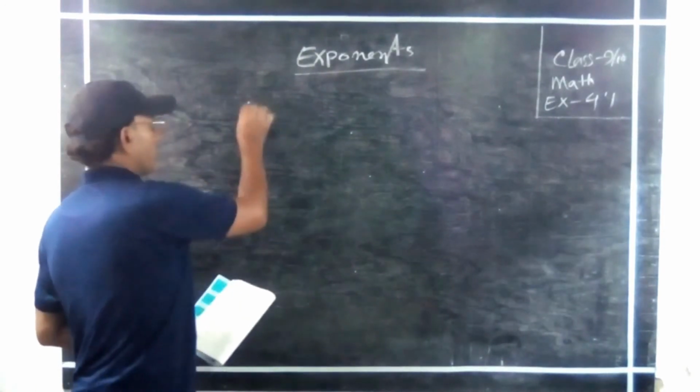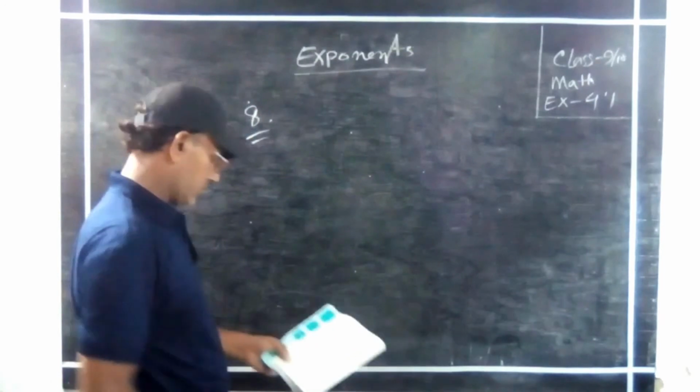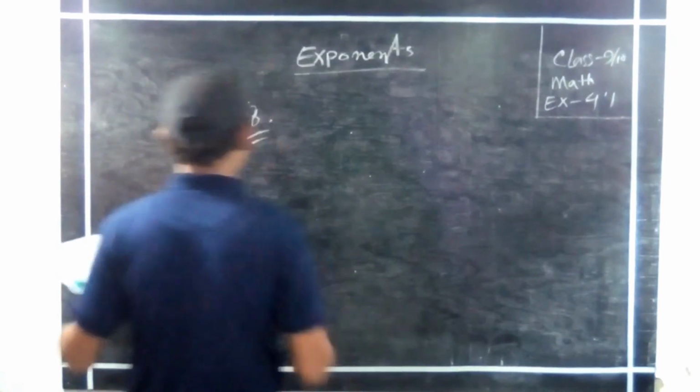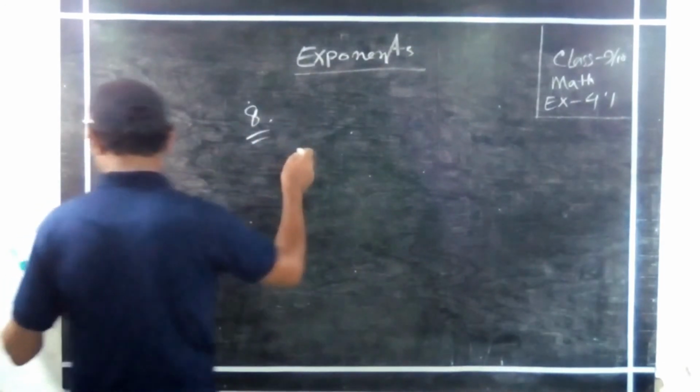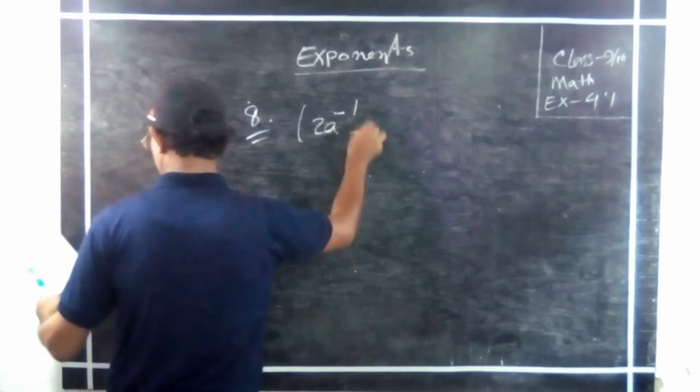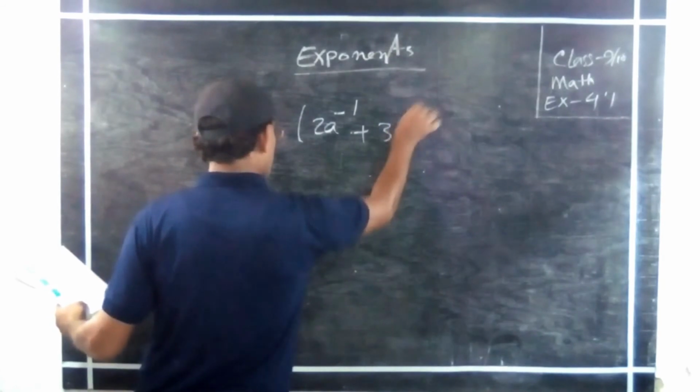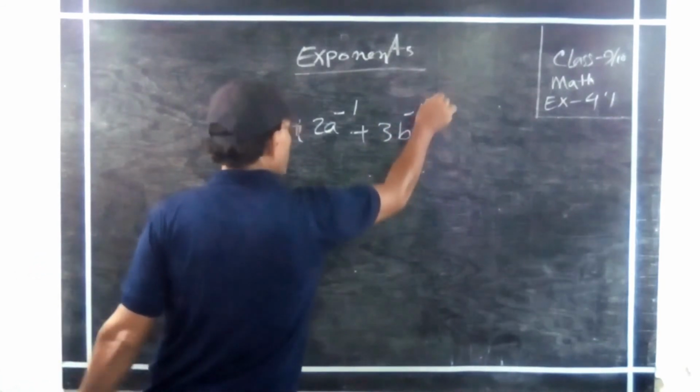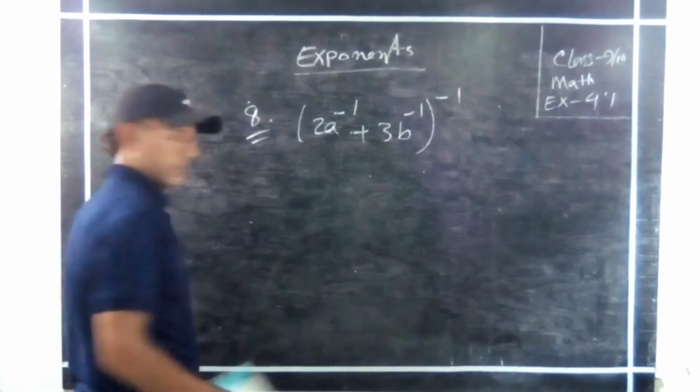See the number 4 equal to, I can write here, see me, (2a to the power minus 1 plus 3b to the power minus 1) whole to the power minus 1.